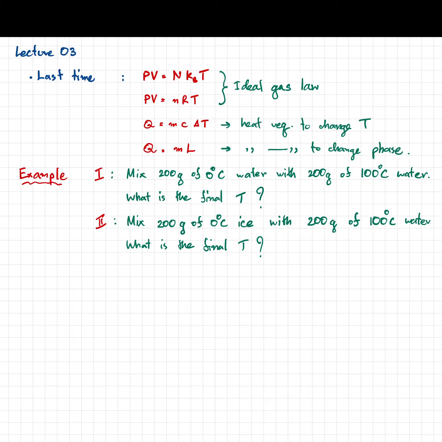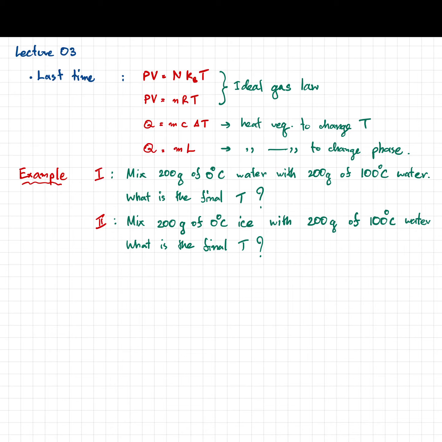Different phases require energy to go across. All right, we're going to talk about one final thing about phase, which is the phase diagram, in a few minutes. But before that, let's review a little bit of what we learned last time by doing these two very simple equation problems.